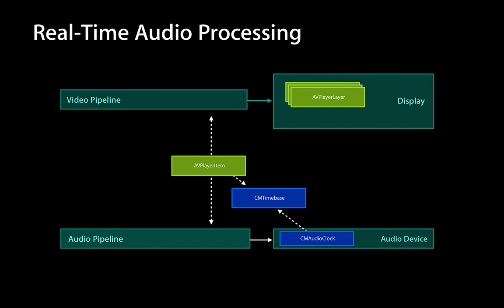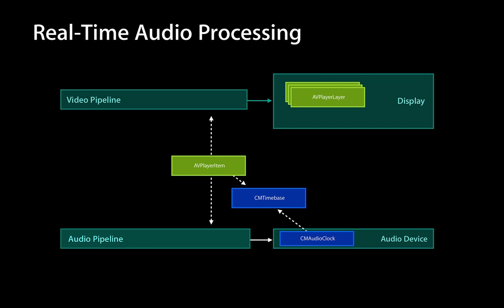Returning to our diagram, we have our video pipeline and our audio pipeline. And what we want to do here is tap into that audio pipeline. We want to intercept those decoded audio samples as they're on their way out to the audio device.